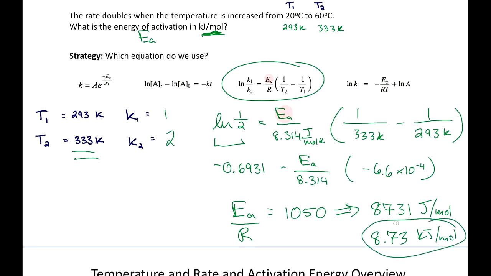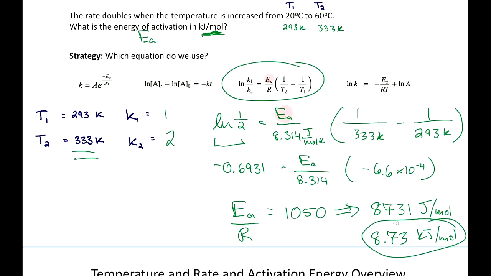There we go. That's a small detail: activation energy is typically given in kilojoules per mole, like if you look at a table. But when you use activation energy in the integrated, two-point Arrhenius equation, you want to make sure it's in joules per mole so it cancels with the unit of R, 8.314 joules per mole Kelvin.